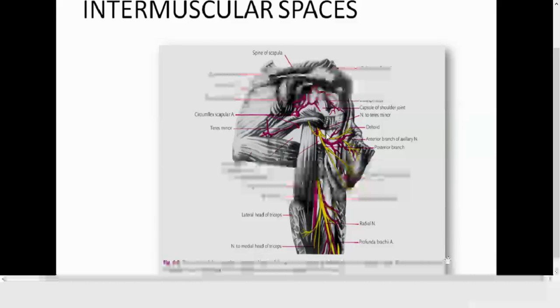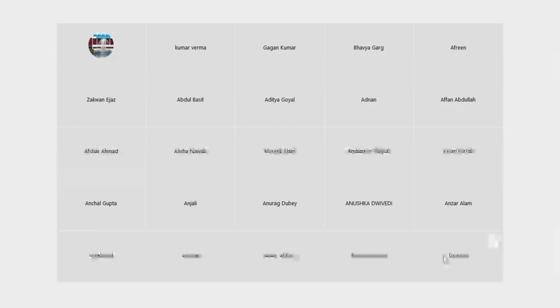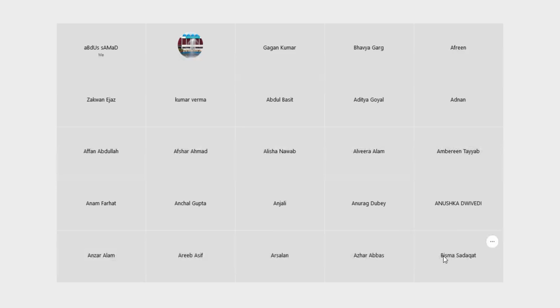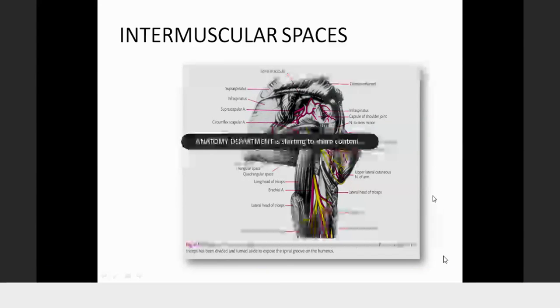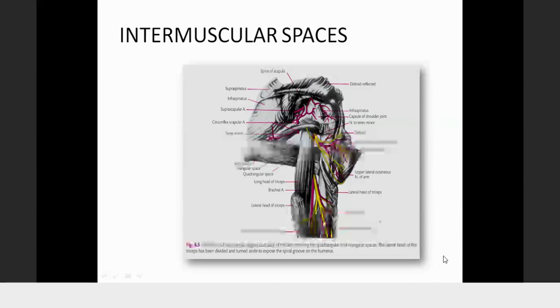Which part of the humerus? This is the surgical neck of humerus. Here is the surgical neck. Okay, it is visible now.